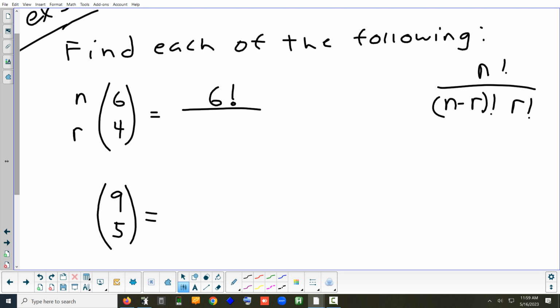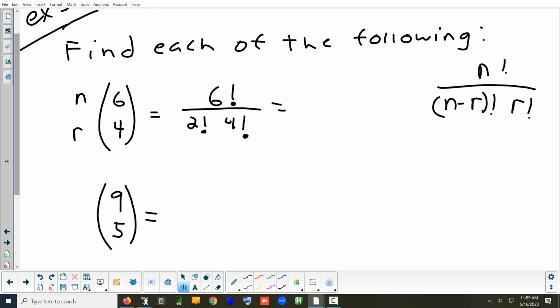So 6 factorial over what would be here, 6 minus 4, which is 2. And then 2 factorial, and then 4 factorial. So we're calculating the number in row 6, column 4 of the triangle.